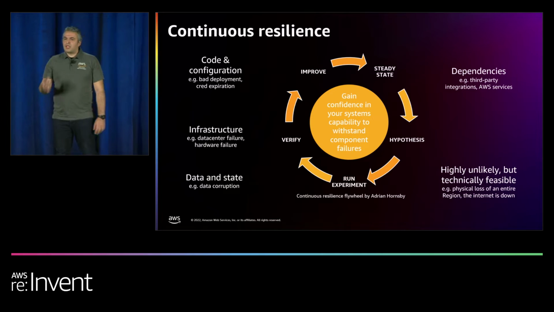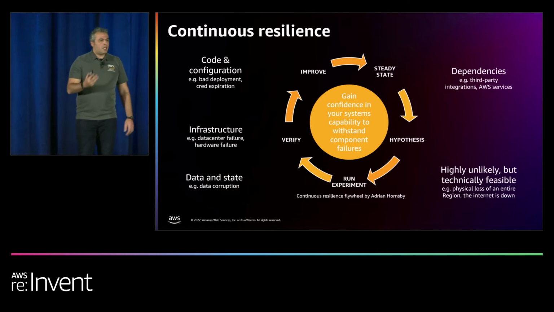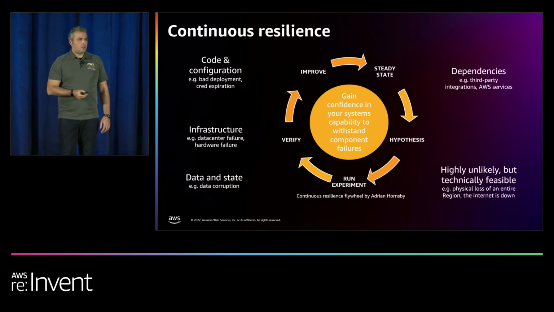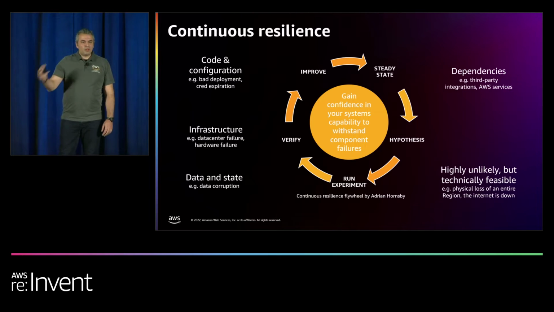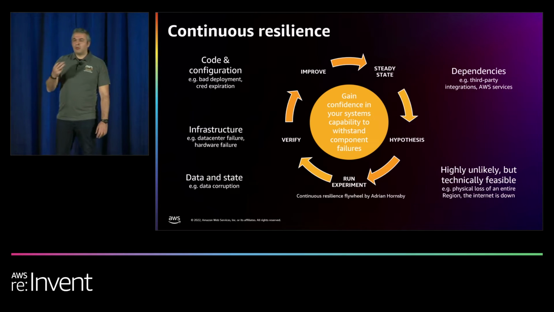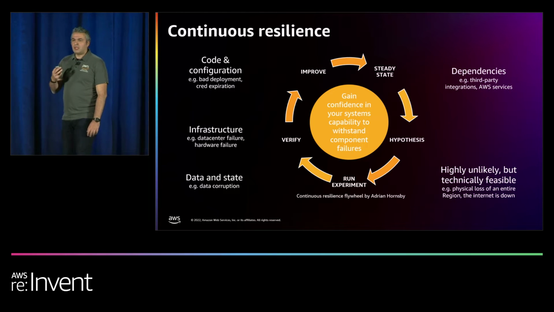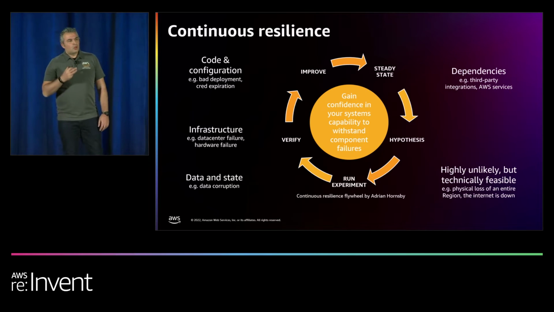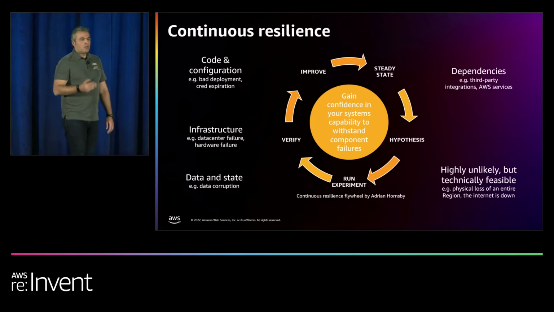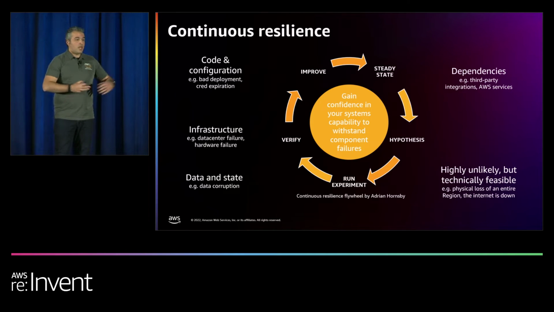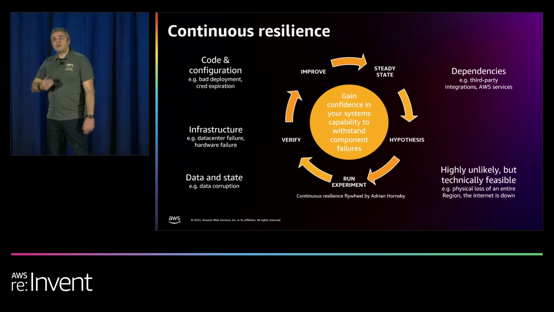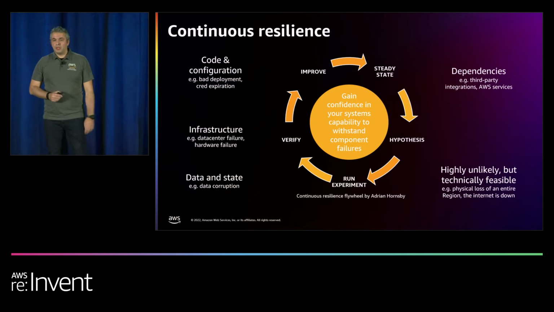And so continuous resilience is a life cycle that helps us think about our workload from a steady state point of view and work towards mitigating events like we just went through, from code and configuration all the way to the very unlikely events and disaster recovery, through safe experimentation within our pipelines and outside of our pipelines, because errors happen all the time, not just when we provision new code.